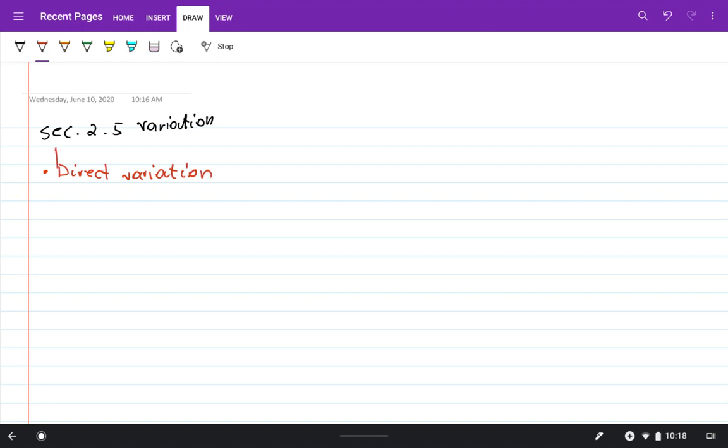Direct variation is like proportional, okay? The formula is y equals k times x. And what is important is that k is always constant. We call it the constant of proportionality.